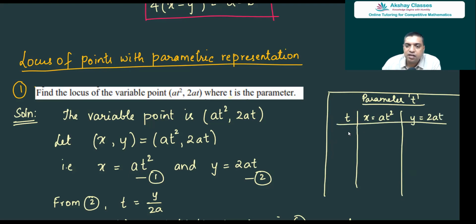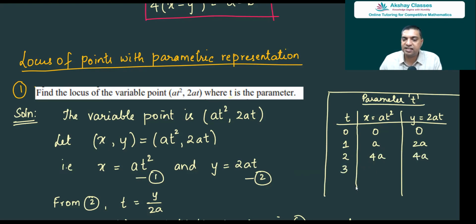Now put t equal to 0. If we put t equal to 0, x will be equal to 0, y will be equal to 0. Put t equal to 1: x will be a into 1 square, that is a, and y will be 2a. Then put t equal to 2: x will be 4a, y will be 4a.